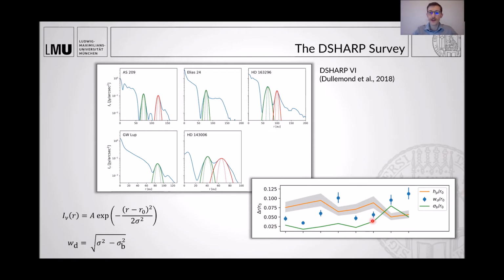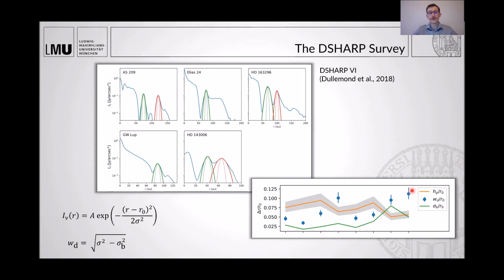As you see, the widths of 5 of these rings are below the pressure scale height, indicating that the dust particles are trapped in pressure bumps. They were drifting into the center of this bump, and they have to be smaller than the pressure bump thickness, width.